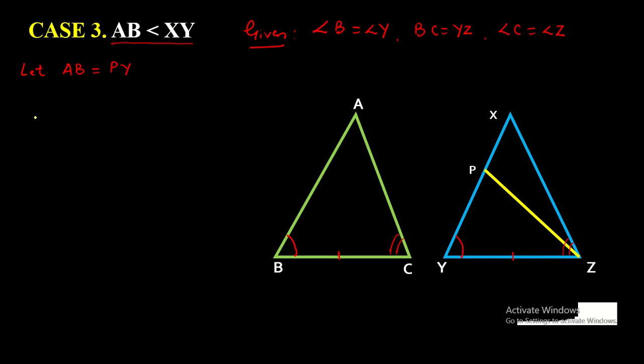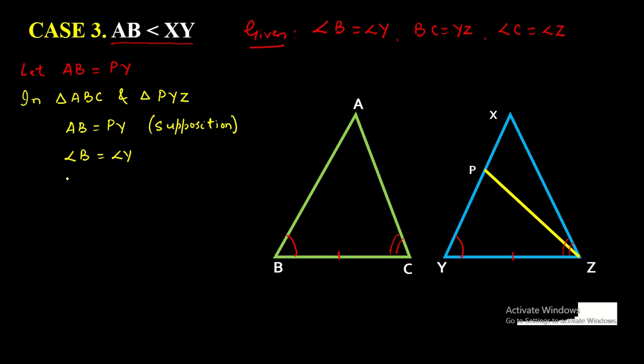So we will take these two triangles, triangle ABC and triangle PYZ. We supposed here that AB is equal to PY. That's our supposition. Then it's given that angle B is equal to angle Y, and also that BC is equal to YZ.